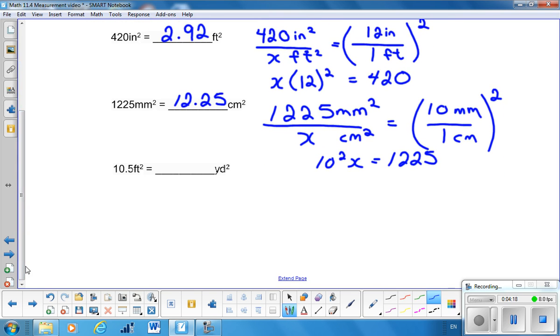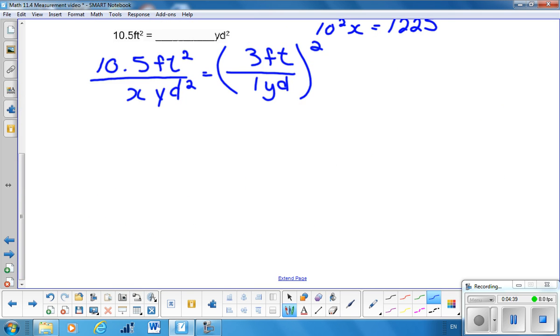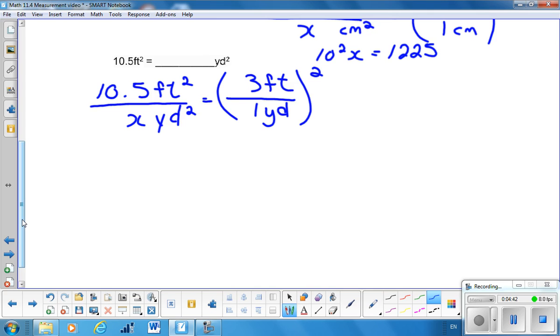The last one, 10.5 feet squared, and we want to change that into square yards. Conversion factor is that 1 yard equals 3 feet. I need to square the conversion factor. And so when we're squaring that, we multiply out, we end up with x times 3 squared equals 10.5 times 1 squared, or 1.